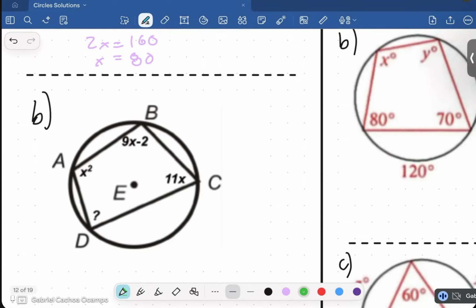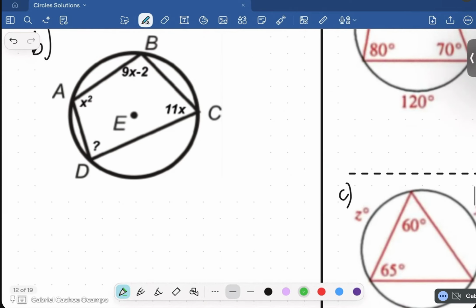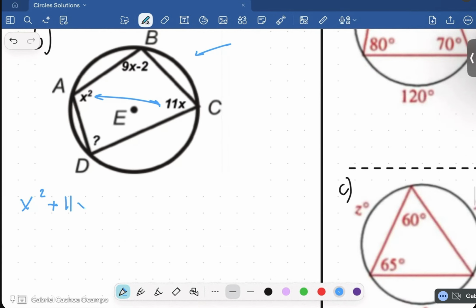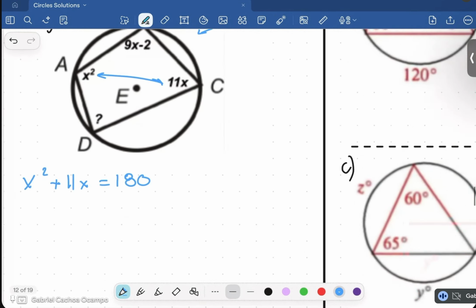This one is quite interesting as it requires to solve a quadratic. So again, this is a level of exam question. So these two guys add up to 180. Okay, let us solve that equation.